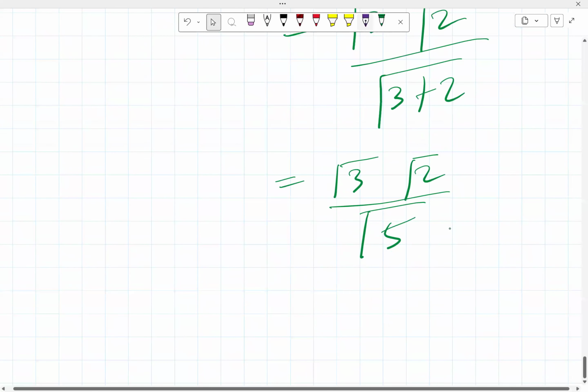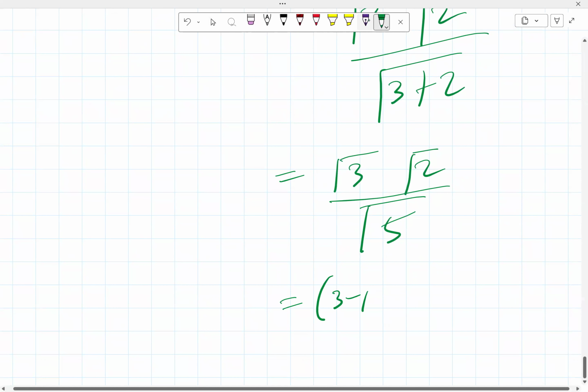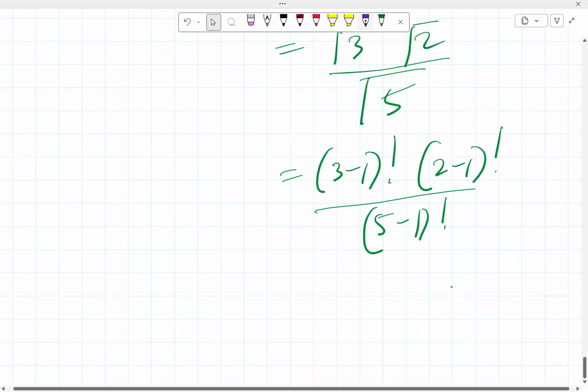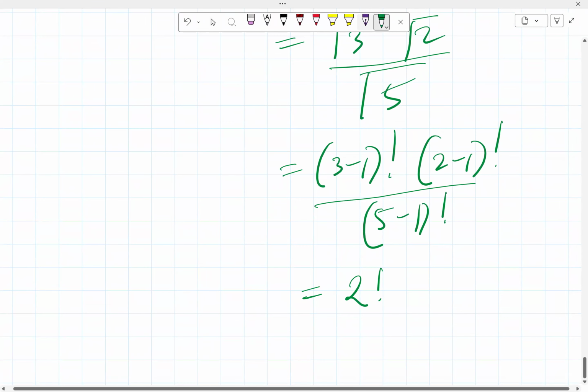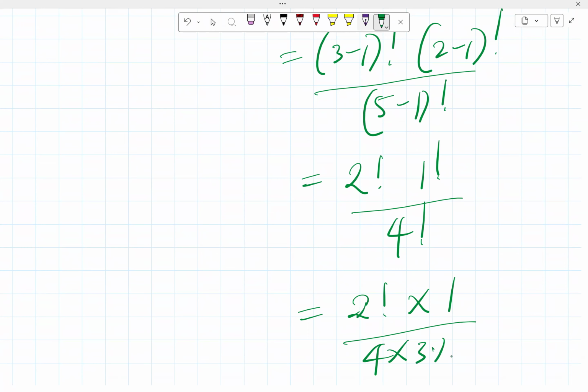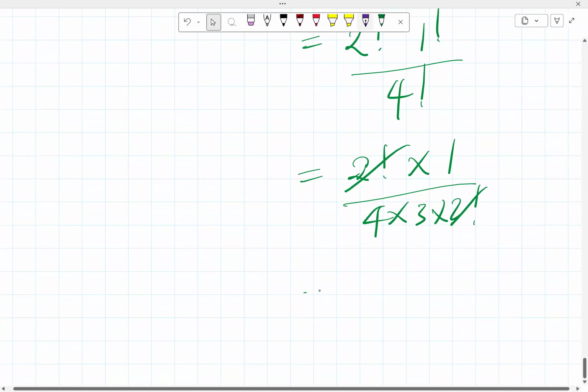Gamma 3 is 3 minus 1 factorial, gamma 2 is 2 minus 1 factorial, gamma 5 is 5 minus 1 factorial. So we have 2 factorial, 1 factorial, all over 4 factorial. 1 factorial is 1, and 4 factorial is 4 times 3 times 2 factorial. This cancels out, so I stop at 2 factorial. So that's now 1 over 12 easily.